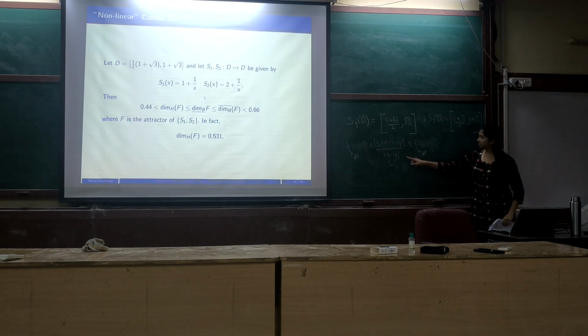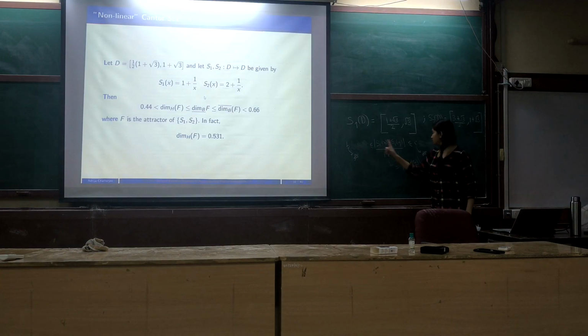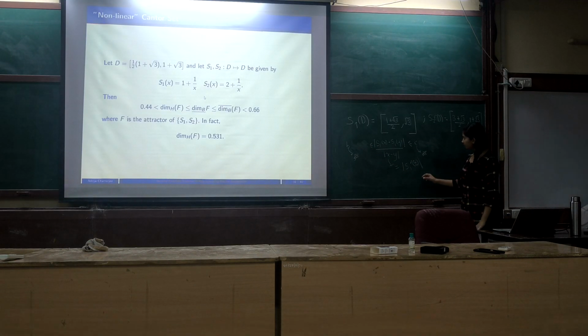There will exist a z such that this will hold. So this will be bounded by B and C. So it is enough to find the minimum of this value and the maximum of this value.